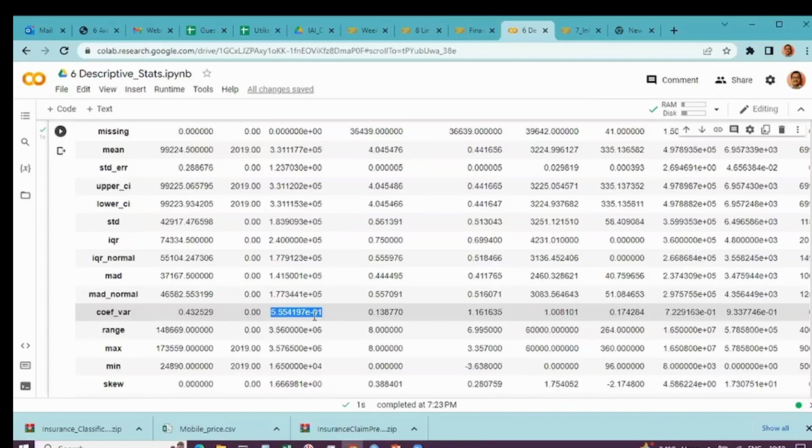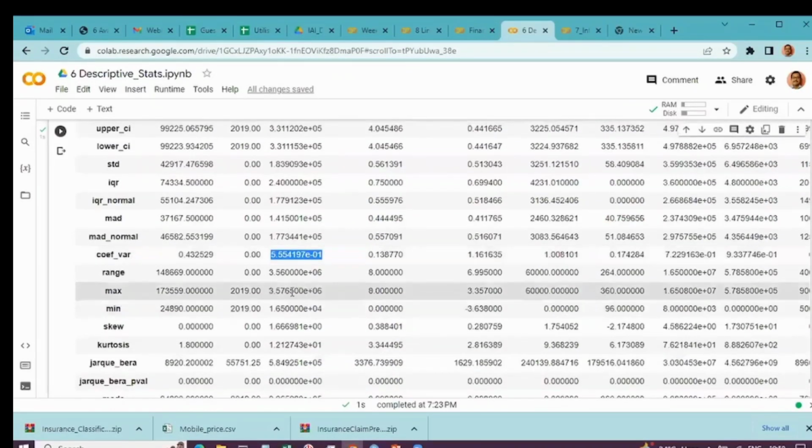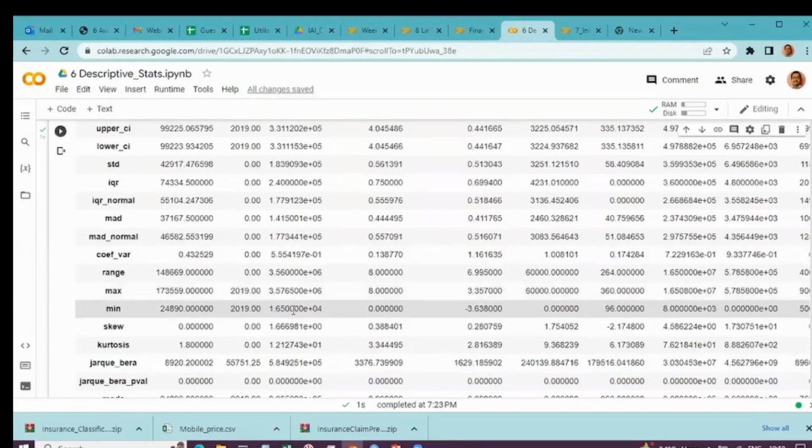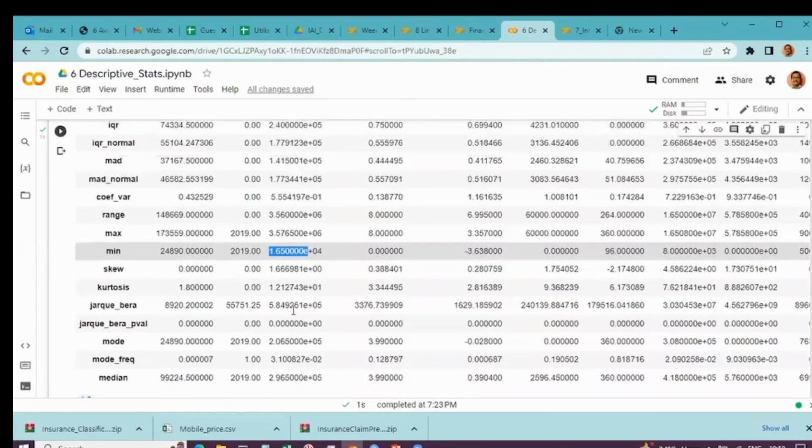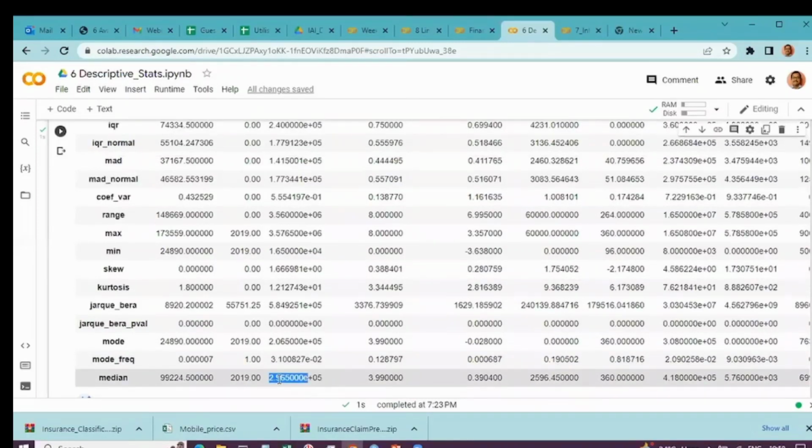The moment it comes down quite drastically, then possibly that one or few observations that we deleted are really significant, really impacting observations. So we have the maximum value, we have the minimum value, we also have the median value. We all know how to calculate all these.